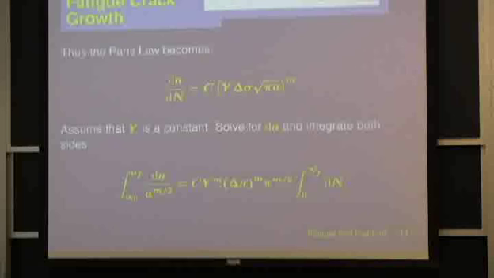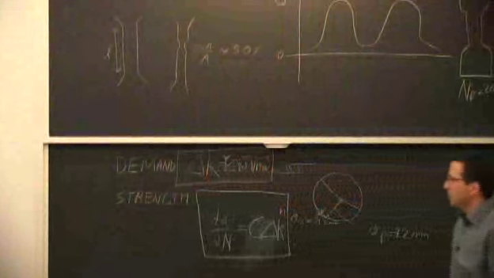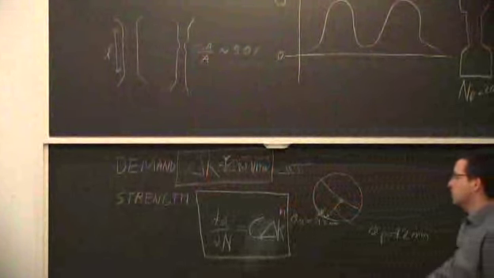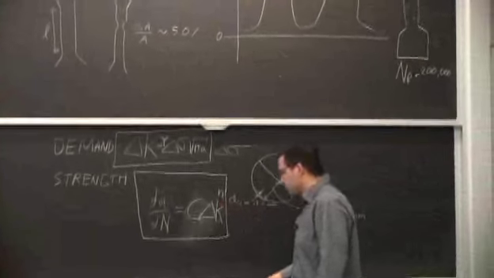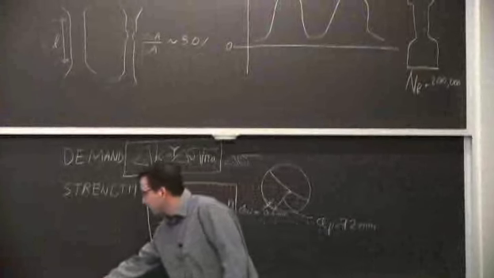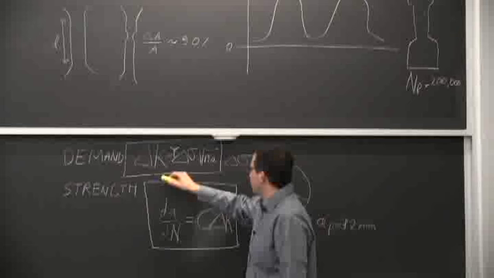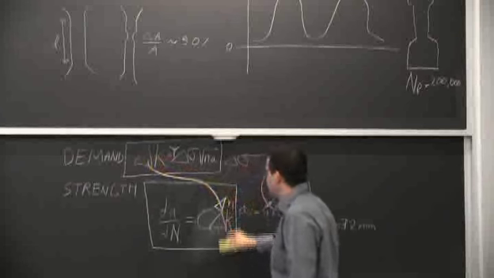So we have the two equations that equal each other. The Paris Law is this one, modified a little bit. But all you do here is you put K from our demand right into the Paris equation.